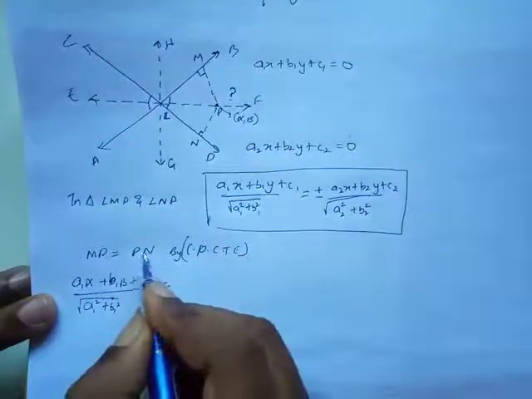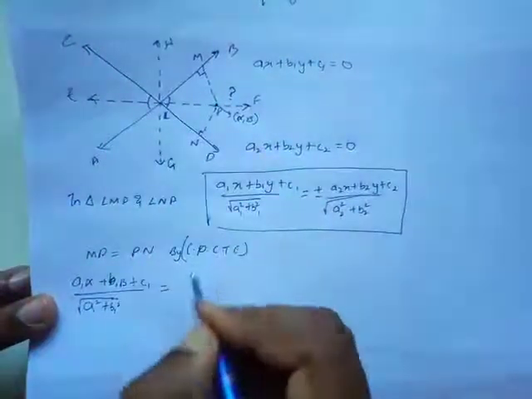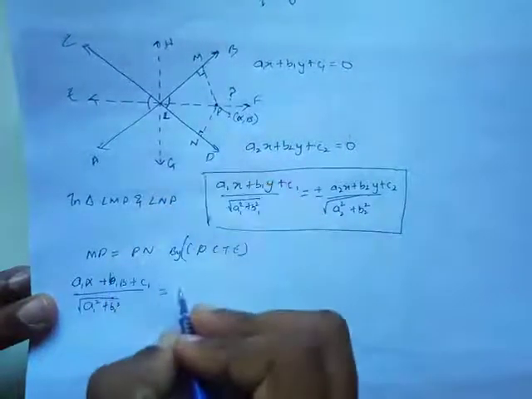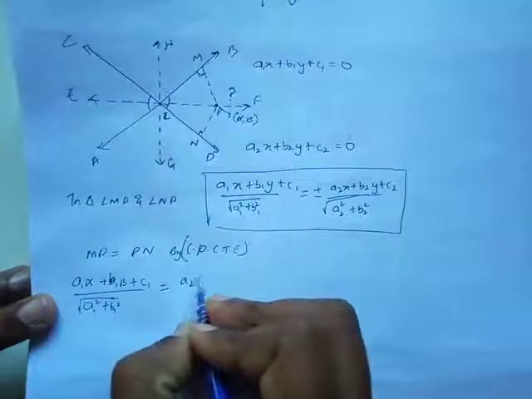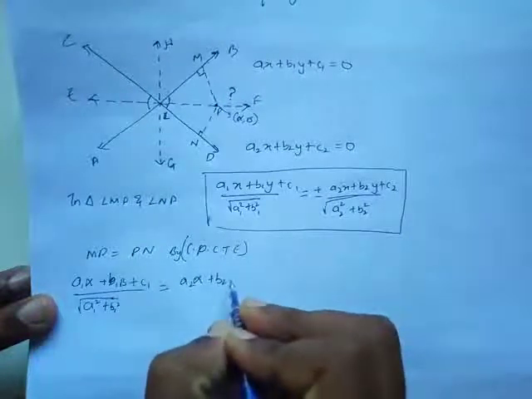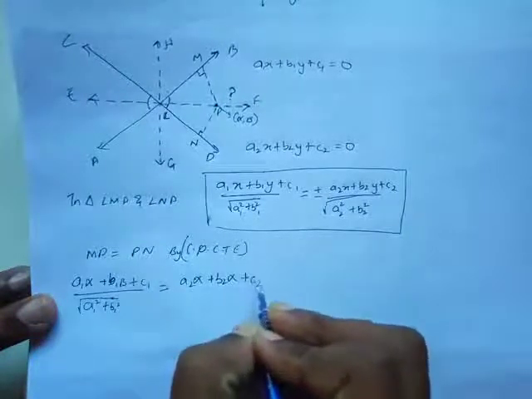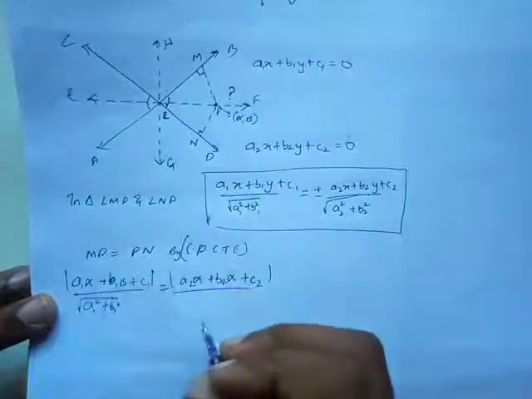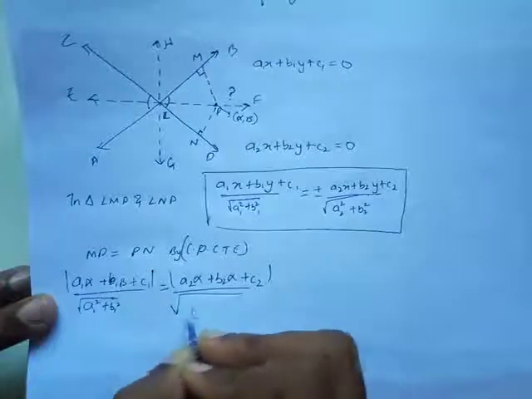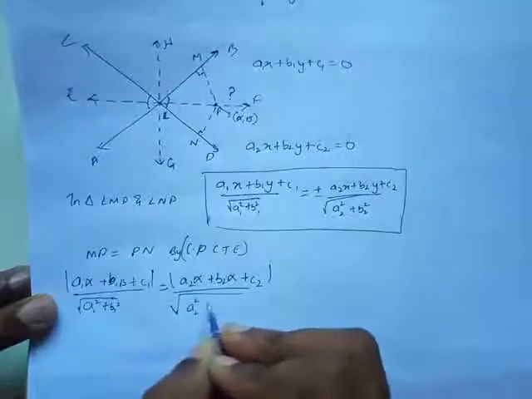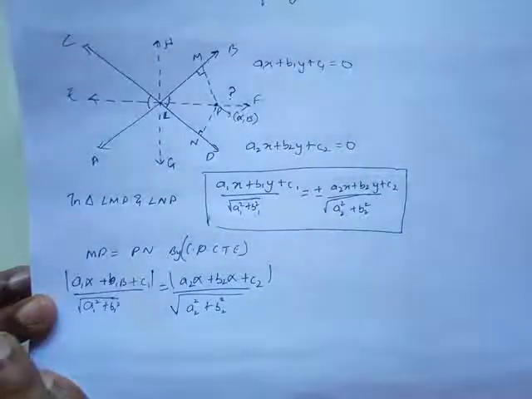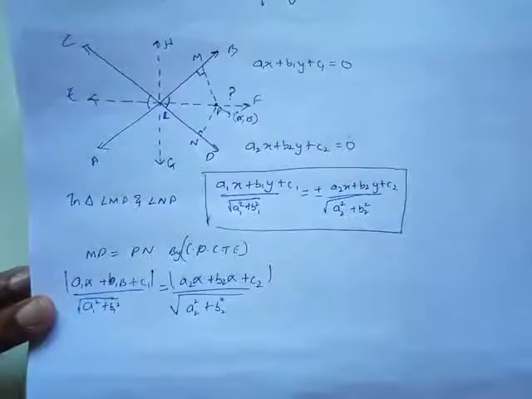Now how do we find the distance PN? We take this equation and this point. So A2 alpha plus B2 beta plus C2 over the square root of A2 square plus B2 square, and you know distance is always under the absolute value. Okay, this is what I got right now. I hope you are understanding this.